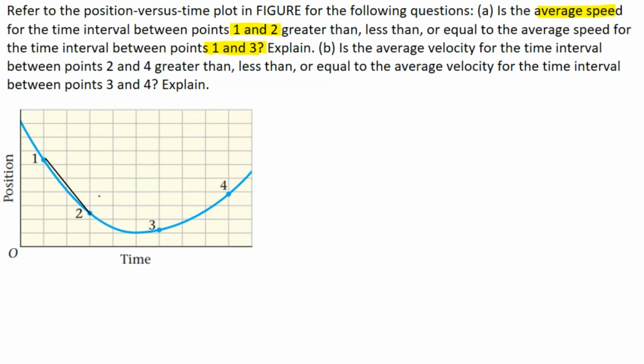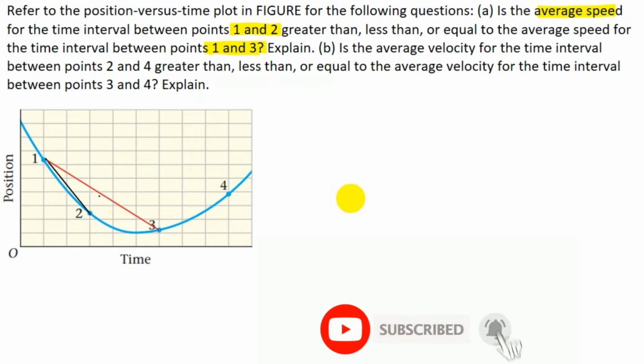And similarly, if we join points 1 and 3, the slope of this line will tell you the magnitude of the average speed between points 1 and 3.